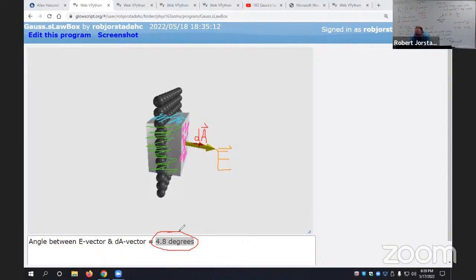The box is enclosed. My claim is that the integral of E dotted with dA, sorry, I'm slow. The integral of that should equal the amount of charge in the box.